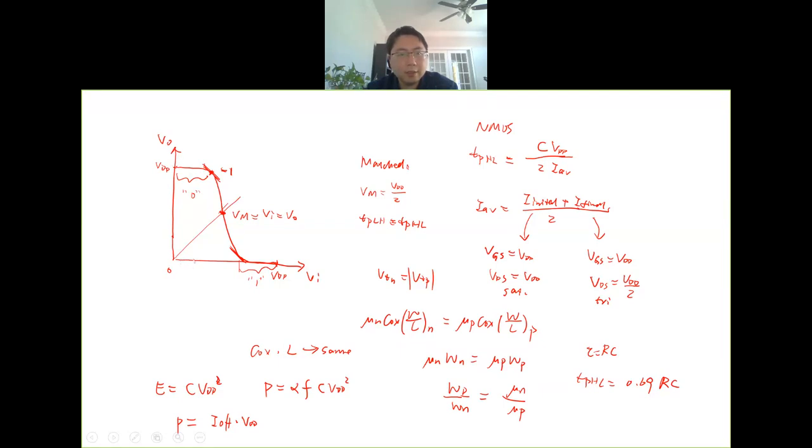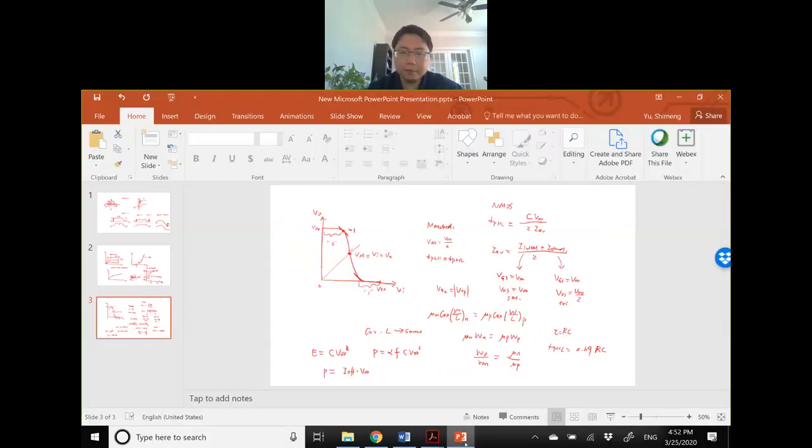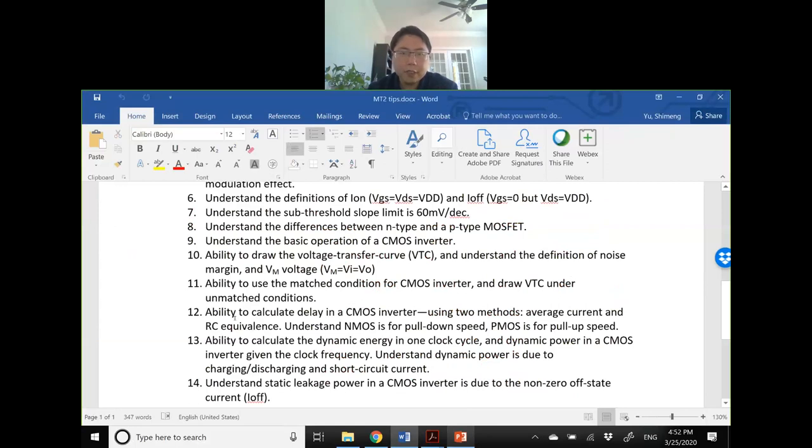That's why this is the noise margin for input 0. Similarly, you can find the noise margin for input 1 if you take the slope -1 here. This is the VTC curve. And then, match the condition for the CMOS inverter, and draw the VTC curve under unmatched condition.